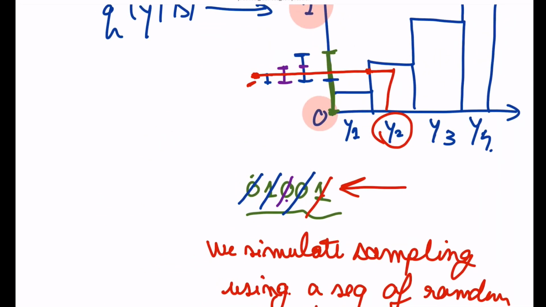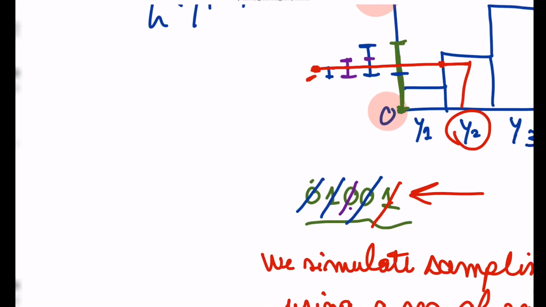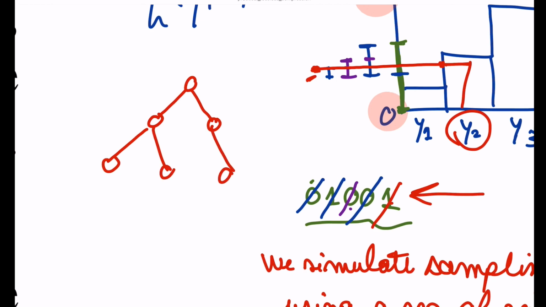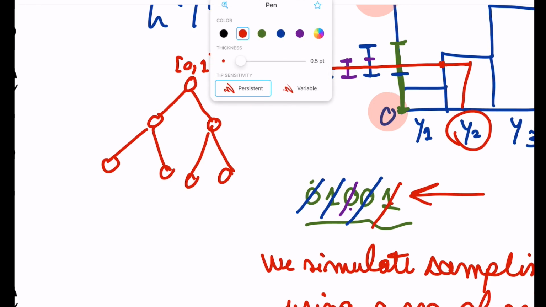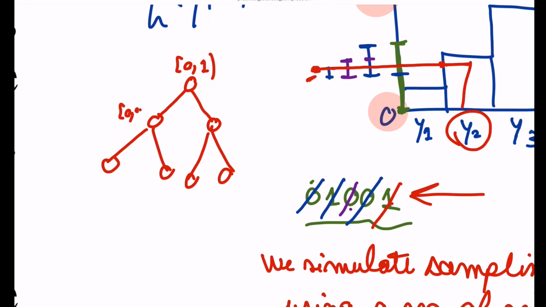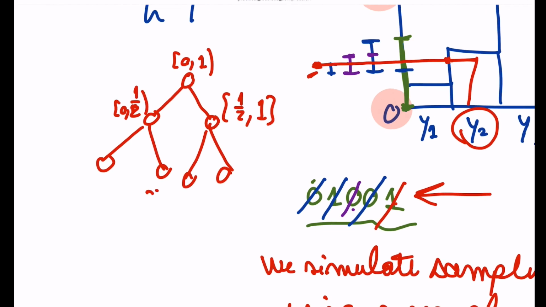So this whole thing that we showed here, you can see it in a different way as a binary tree, right? Here you have the whole interval 0, 1, and here you have the interval 0, 1 over 2. Here you have 1 over 2, 1. And let's say that here you are going to have the interval 1 over 4, 1 over 2. It's in this one.